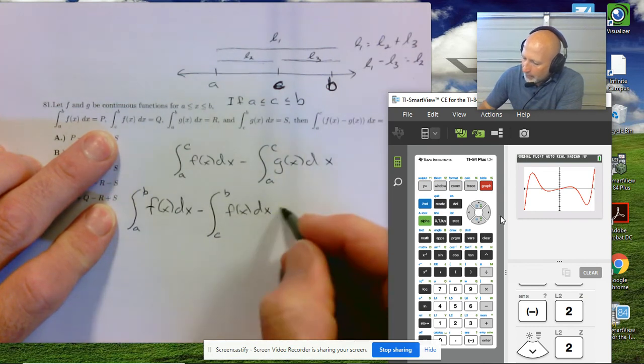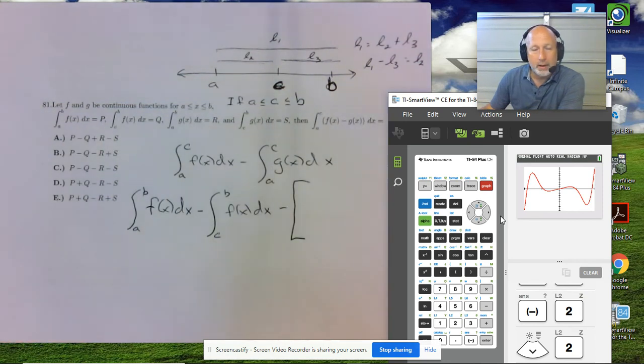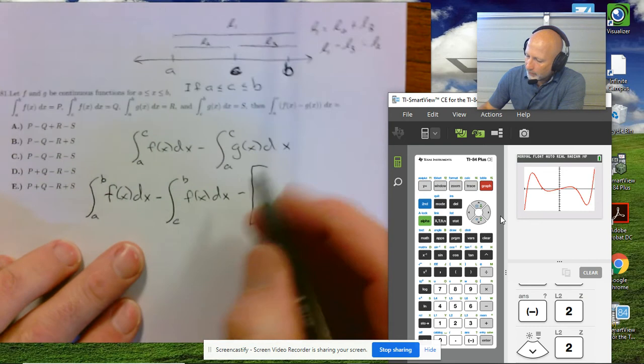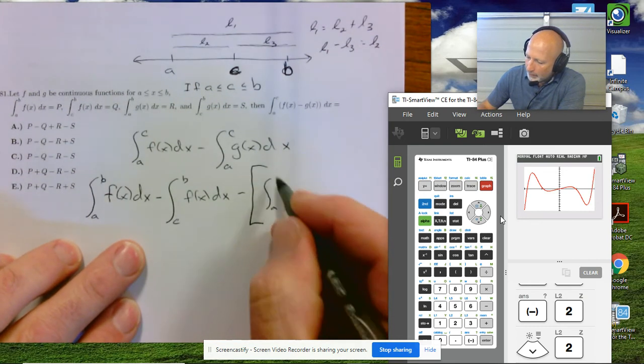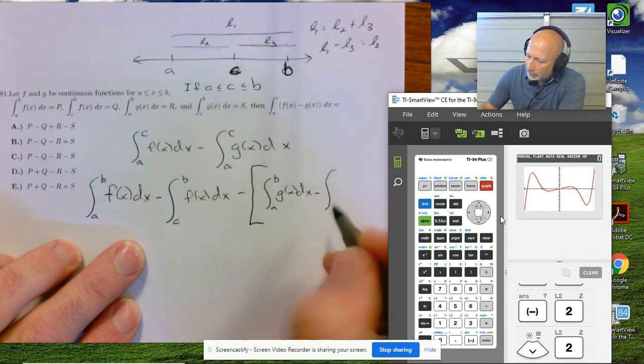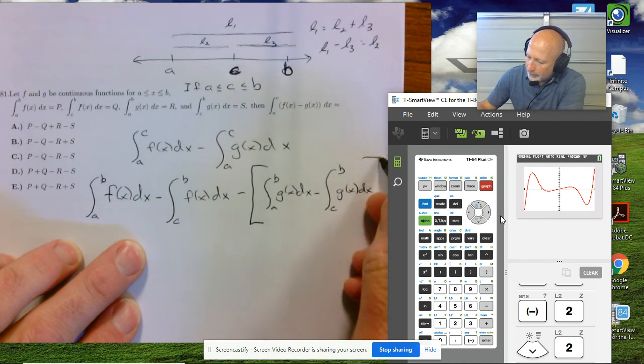And then in here, minus, I'm going to put big brackets around this because you can see by the answers, it's all in the sign of each one of these. So I'm going to be careful here. This would be the integral from A to B of g of x dx minus the integral, once again, from C to B of g of x dx, like that.